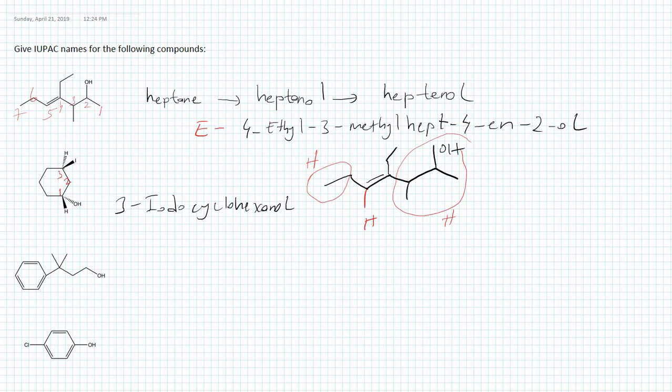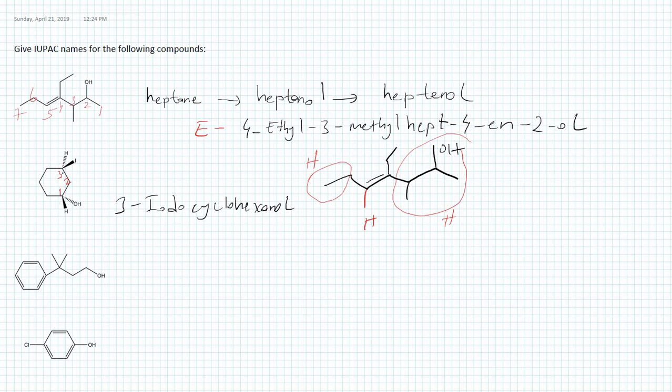So these carbons are chiral, and when we are naming a molecule we also have to include the configuration, R or S. So in addition to 3-iodocyclohexanol, we have to specify the configuration of the first carbon and the third carbon, which are chiral atoms.